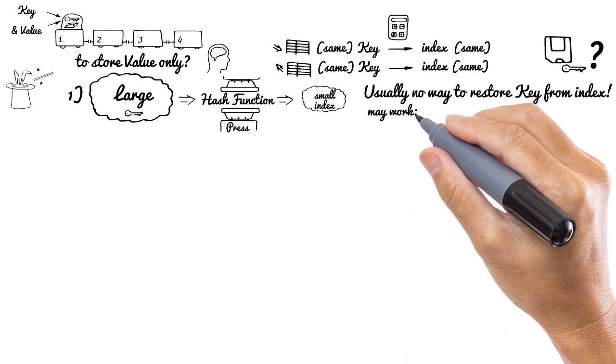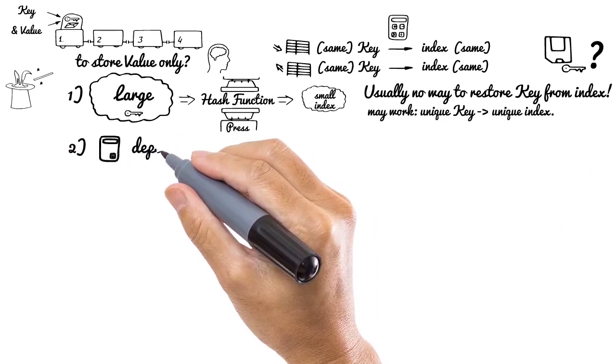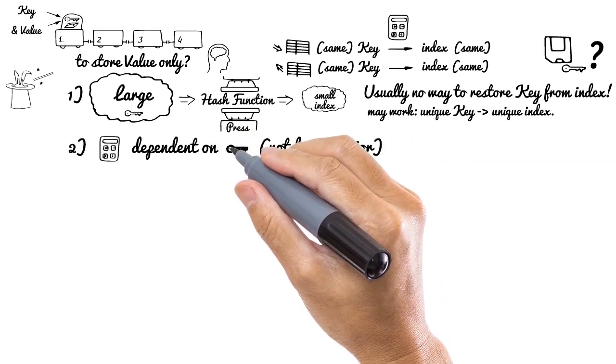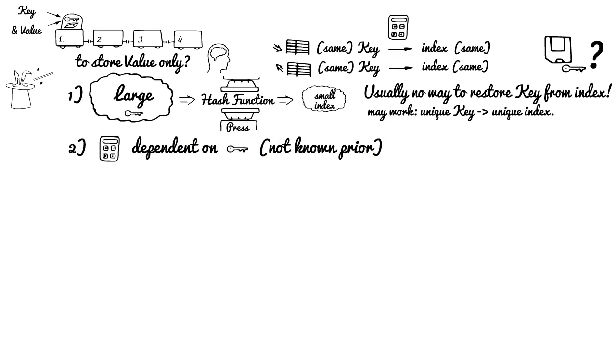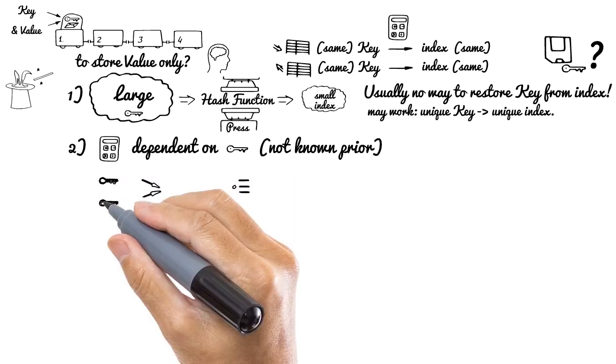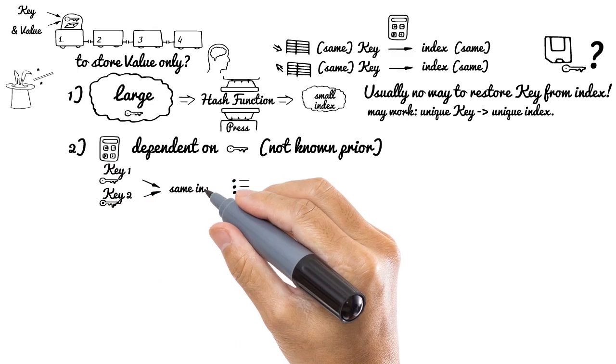It may work only in case each unique key points to a uniquely mapped index of a table. In reality, the hash function calculates the index, and the calculation is dependent on the incoming key itself, which is not known prior to calculation. So you cannot predict calculated indexes upfront. What if two different incoming keys result in the same calculated index?